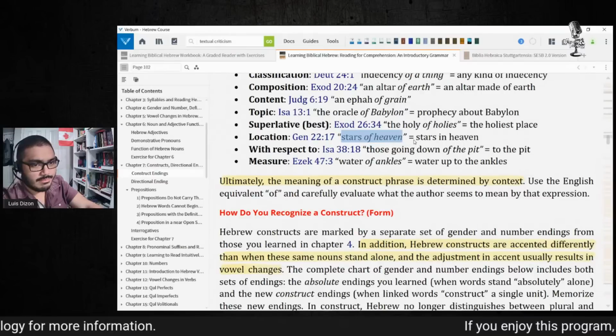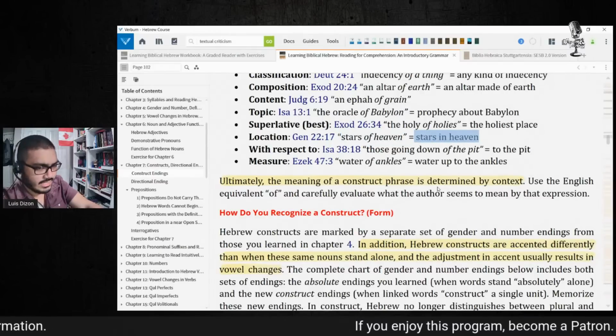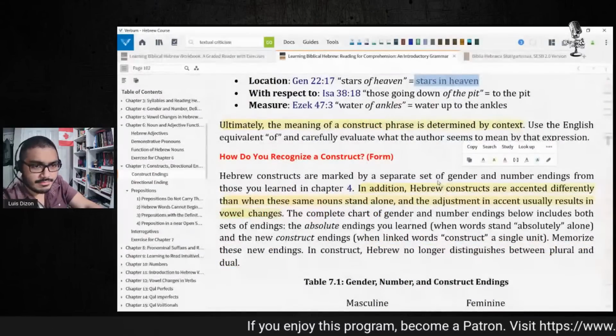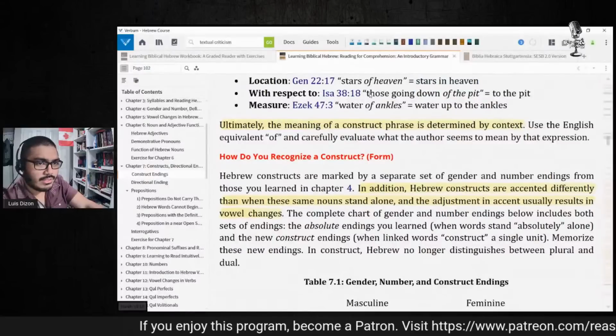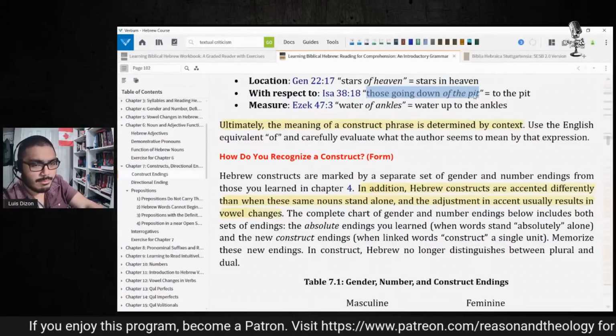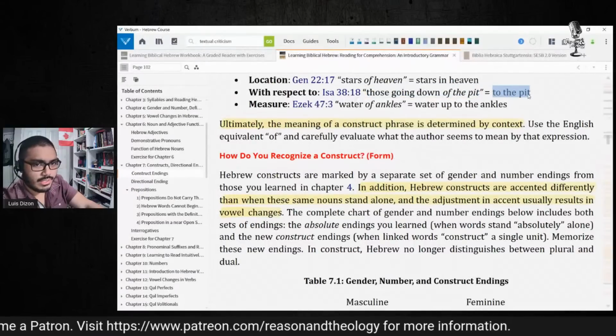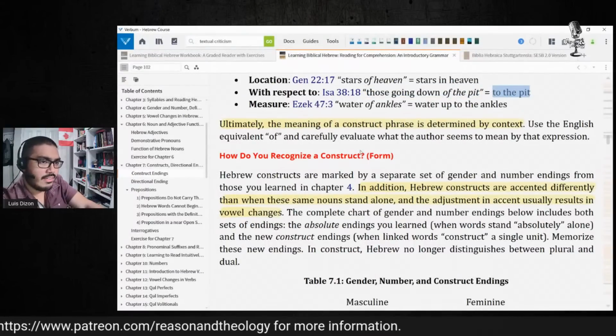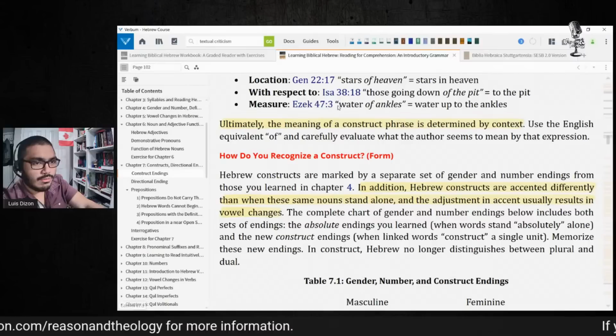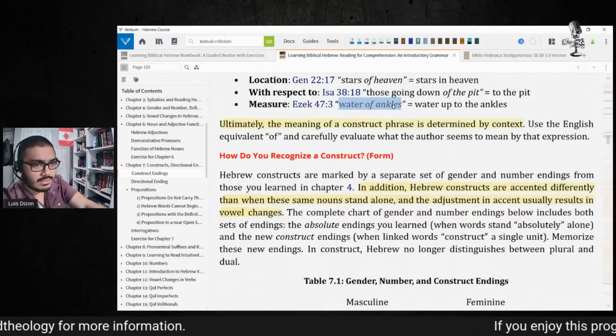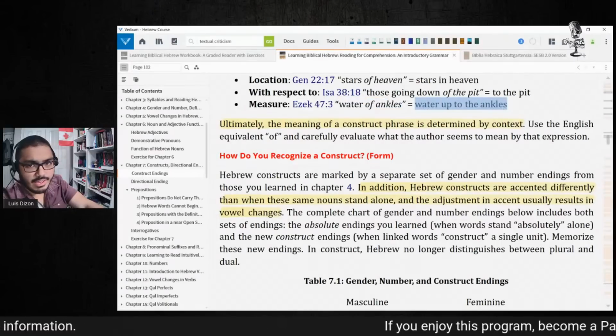You have the stars of heaven. That means that the stars are located in heaven. And then with respect to those going down of the pit, Isaiah 38:18, that means going down to the pit. And then finally, measure. Ezekiel 47 verse 3, water of ankles, which means water up to the ankles.